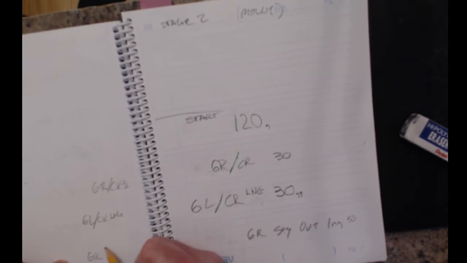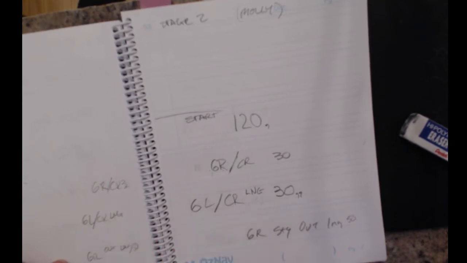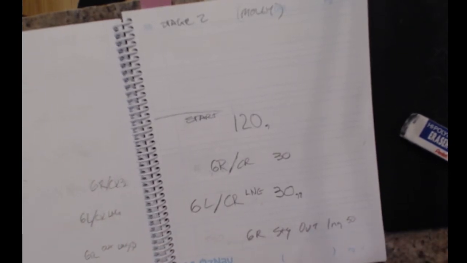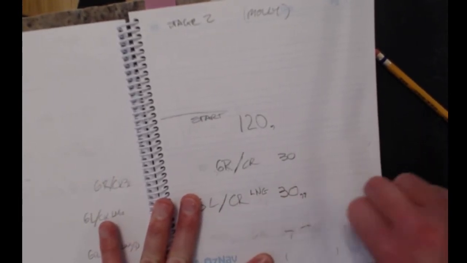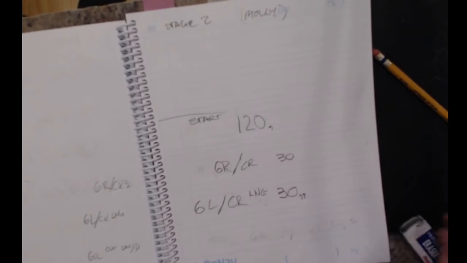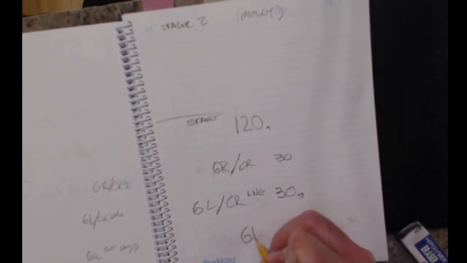6 right, out, long, 50. Using terrible notes over here. That's not how you want to write it, but we're going to go and clean this up. So we've got a 6 right.